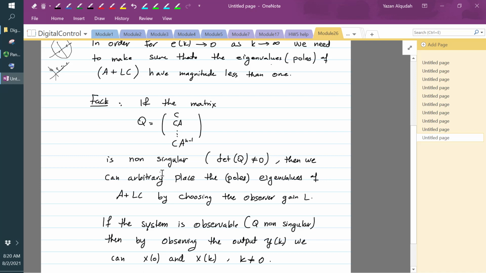Now we can use another fact. If I calculate the matrix Q that we've seen at the beginning of the semester, where Q is equal to C, C multiplied by A, all the way to C multiplied by A to the n minus 1, and if this Q is non-singular, which means the determinant is not equal to 0, then we can arbitrarily place the poles, which are the eigenvalues of A plus LC, by choosing the observer gain L. So by properly choosing the gain L, I can place the poles to ensure that the error is going to go to 0.